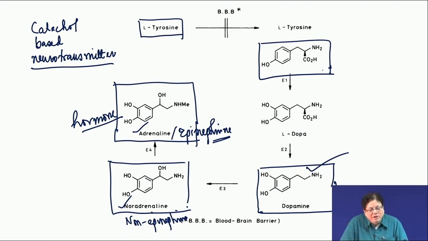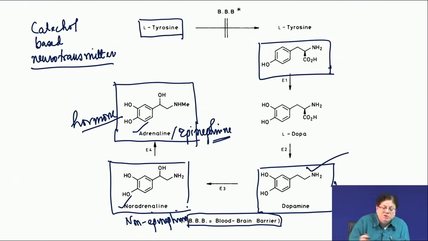There is what is called a barrier from blood to brain, and that is called the blood brain barrier. Not all molecules reach the brain from the blood. L-tyrosine crosses the blood brain barrier and then reaches the brain.